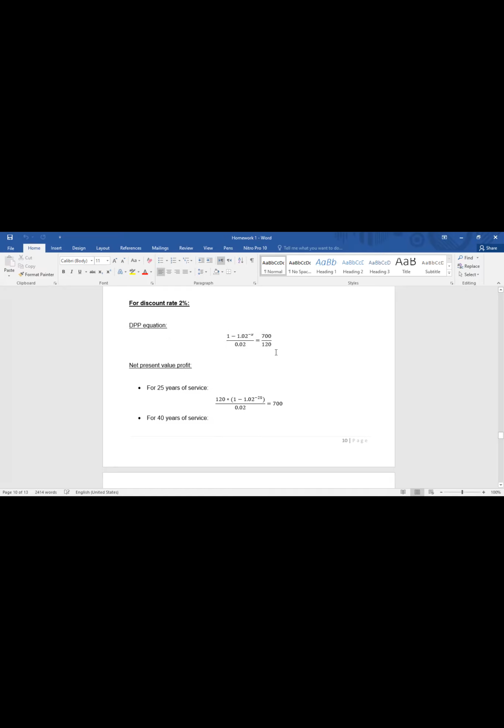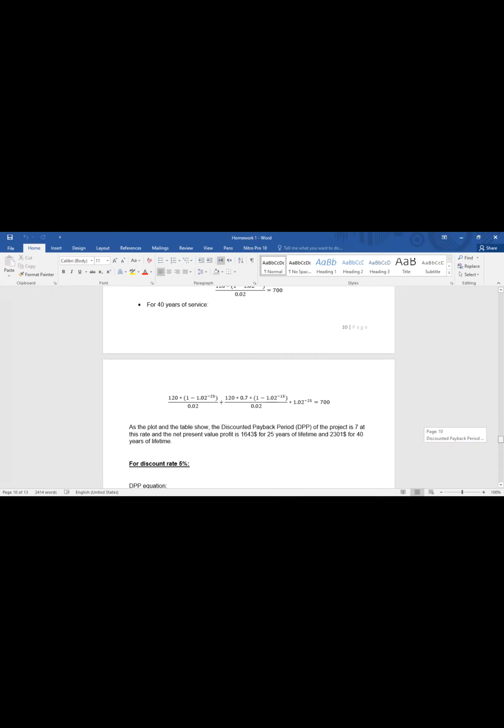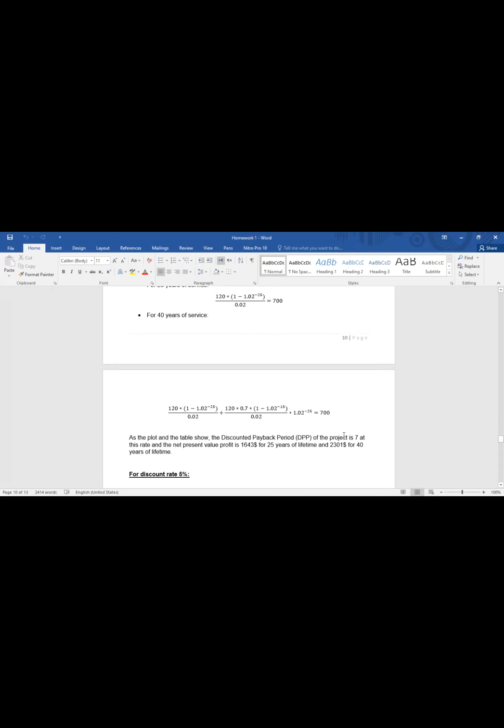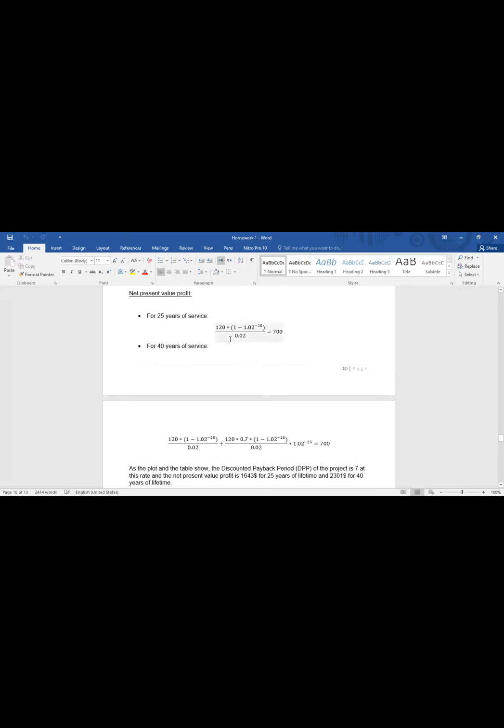We consider that we don't sell the project after 25 or 40 years; there is no selling amount. And for the net present value, for 25 years we have this equation, and for 40 years we have this equation.